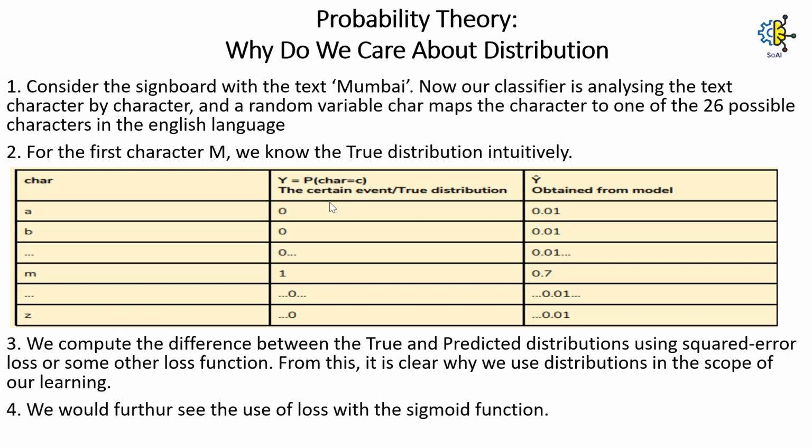And when we see the y cap, that is the probability obtained from the model, the probability of char A is 0.01, the probability of character B is 0.01, and the probability of character M is 0.7, which is the highest, and so on. We compute the difference between the true and predicted distributions using squared error loss or some other loss function. From this, it is clear why we use distributions in the scope of our learning.